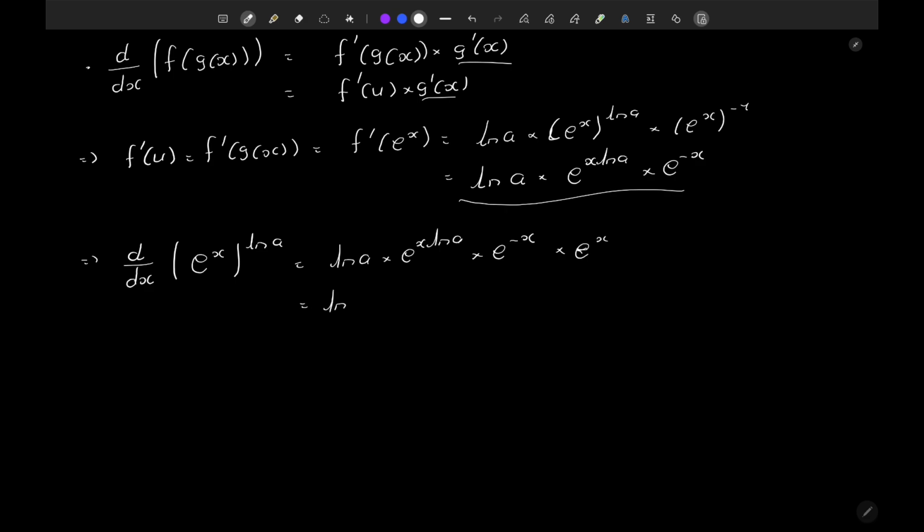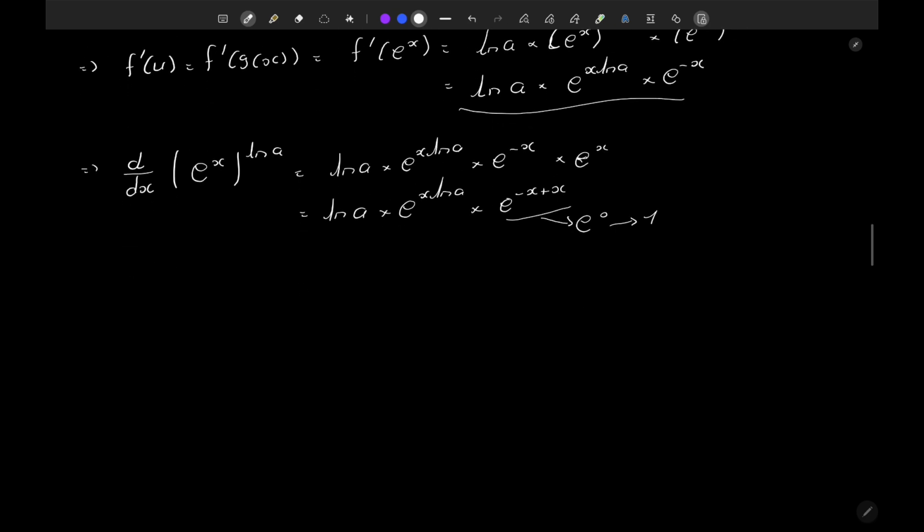This then simplifies to ln a times e to the x ln a times e to the negative x plus x. These two simplify to e to the 0, which simplifies to 1. This then simplifies our whole equation to ln a e to the x ln a.